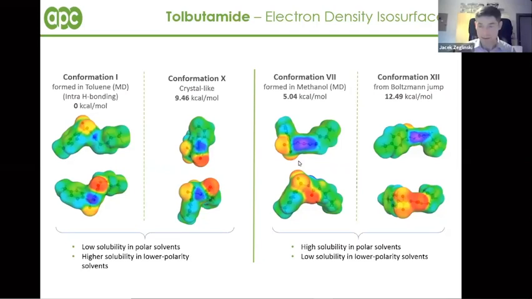So we found that those conformations where the domains are connected, when we have the positive charge put together and then the negative charge from 3 oxygen atoms, for example, give much higher solubilities in polar solvents and low solubility in lower polarity solvents, and vice versa. For those where the polar domains were more scattered or isolated, we got opposite effects, so low solubility in polar solvents.